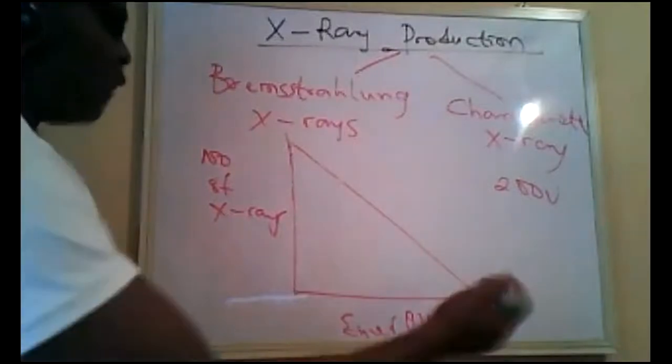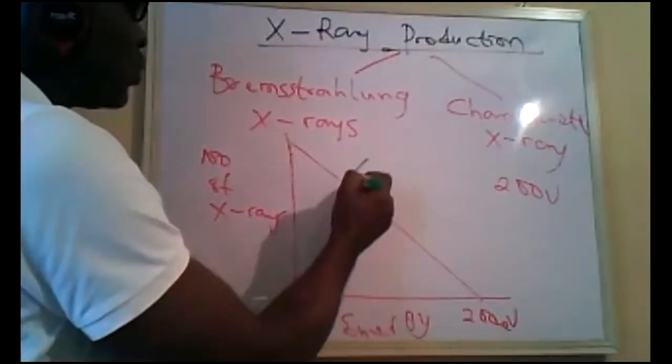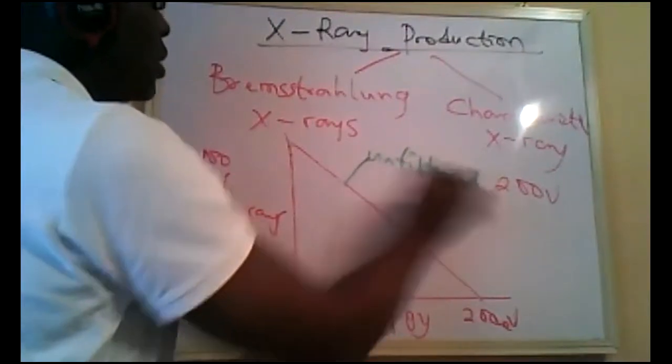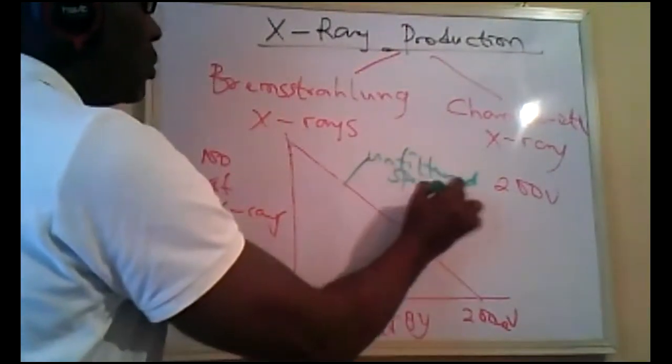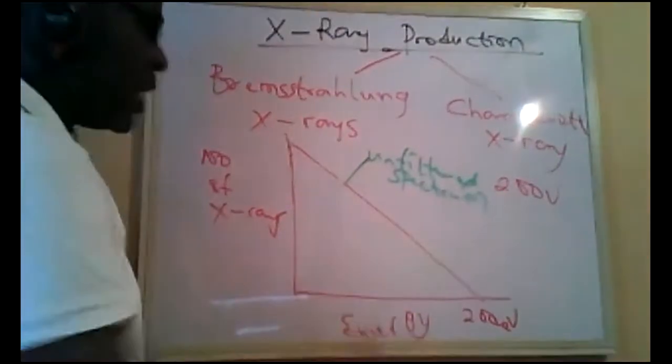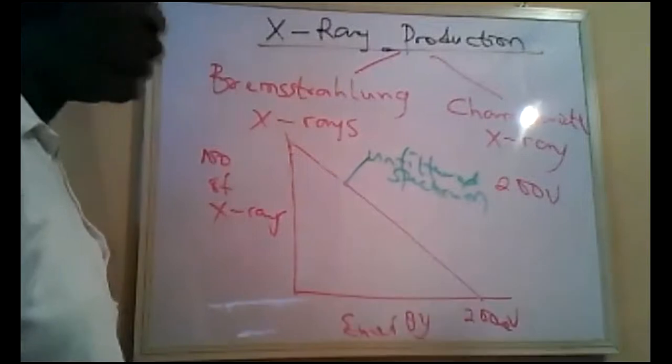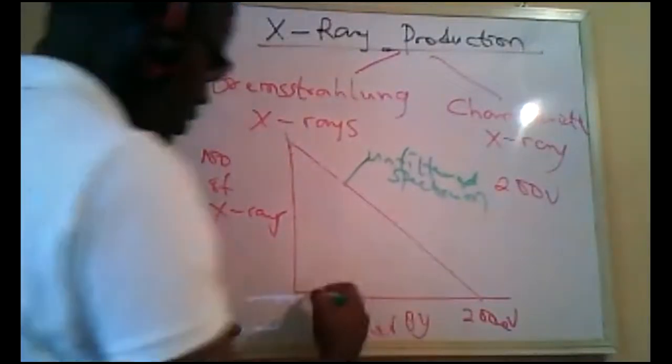So this is the unfiltered spectrum. If we filter it, that is, we add a filter to the X-ray tube, you have something of this nature.